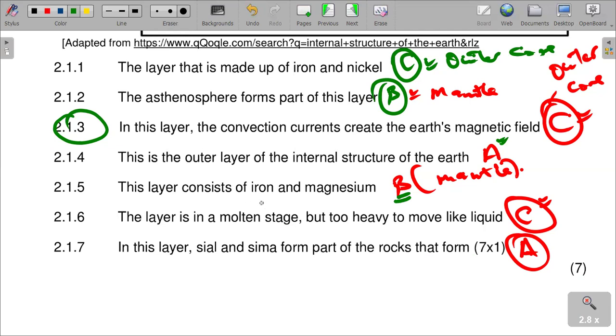Sometimes they can talk about aluminium being found in that layer, or ask you about oxygen, which is also found there. And the silicon is also found in layer B.